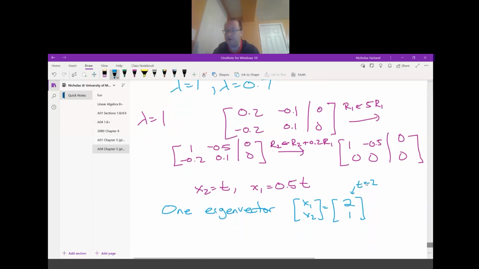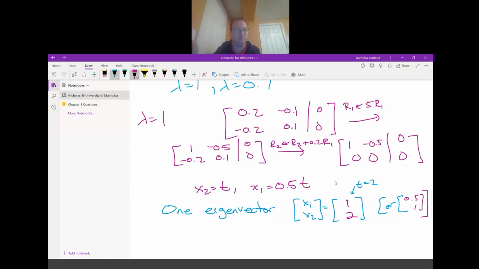Oh, sorry, the other way around: 1, 2. But if you really wanted to, you could have 0.5 and 1. I mean, there's nothing wrong with decimals. They would certainly work. All right, so we got our one eigenvector.